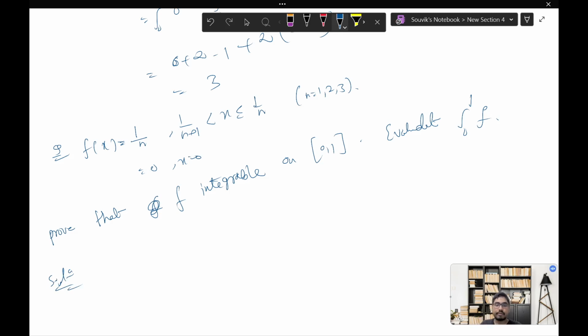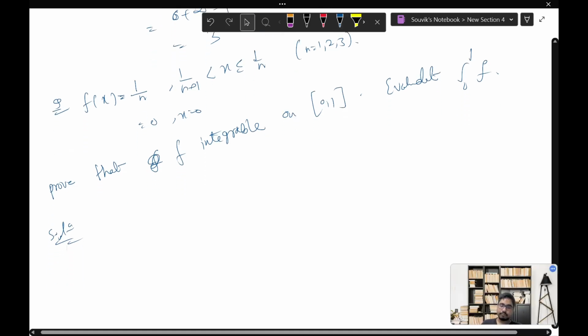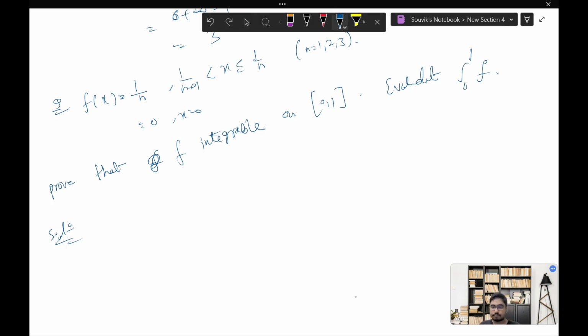So first we will look at f on each small interval. f(x) is equal to 1 when half is less than x less than or equal to 1. f(x) is equal to half when one third is less than x less than or equal to half. Sorry, one third when one fourth is less than x less than or equal to one third. And 0 when x equals 0.